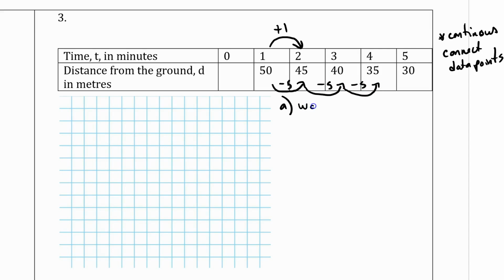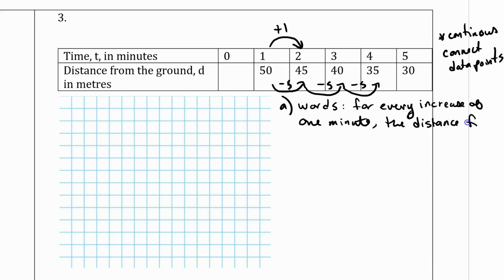So words: for every increase of 1 minute, the distance from the ground decreases by 5 meters.